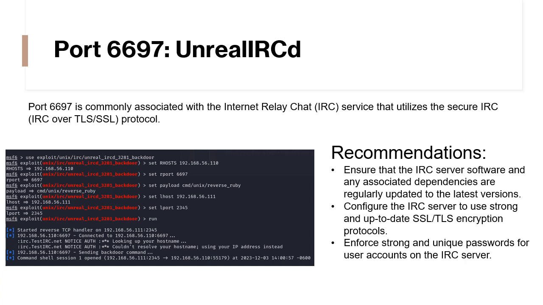I built the connection successfully. And for this one, the recommendation is to ensure the IRC server software and any associated dependencies are regularly updated, and configure the server to use strong encryption protocols and use a unique password.